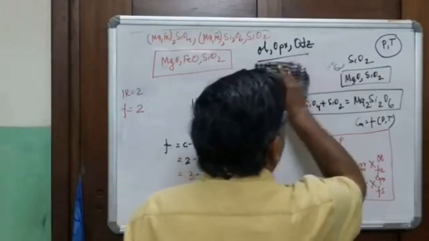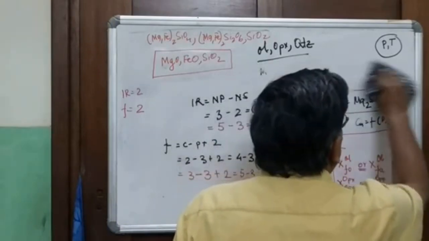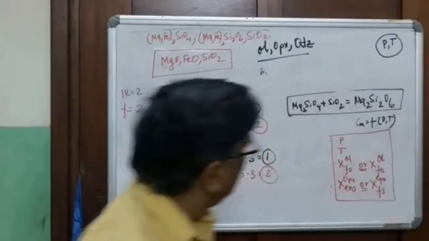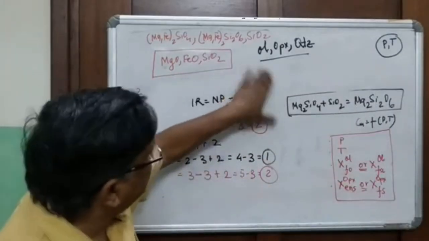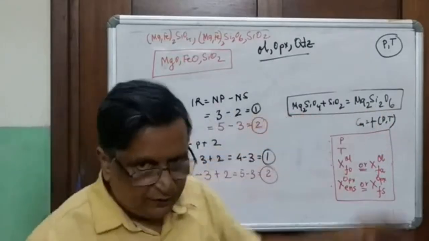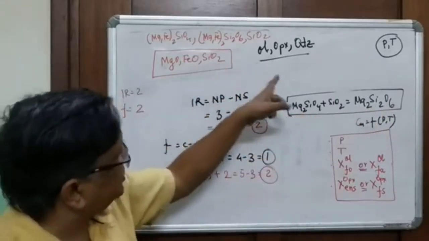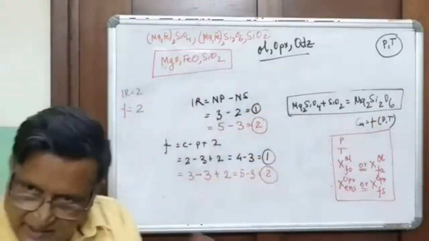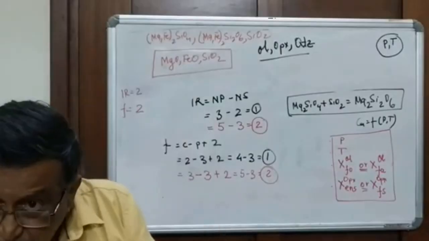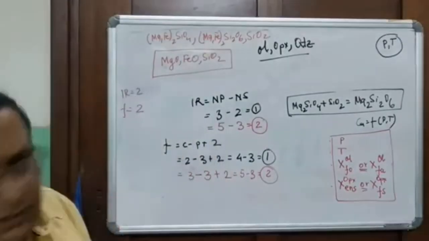One is, of course, this one. Now you see there is a little small thing here. One is this one, Mg2SiO4, we have already written. You see, this is an extended system. So the other reaction is already there from MgO-SiO2. What are the others?